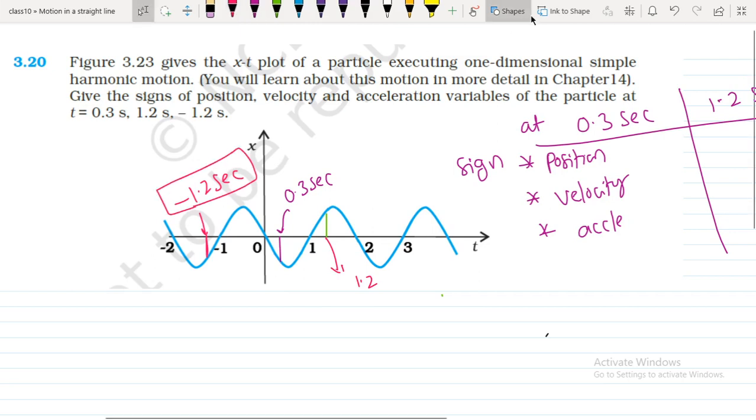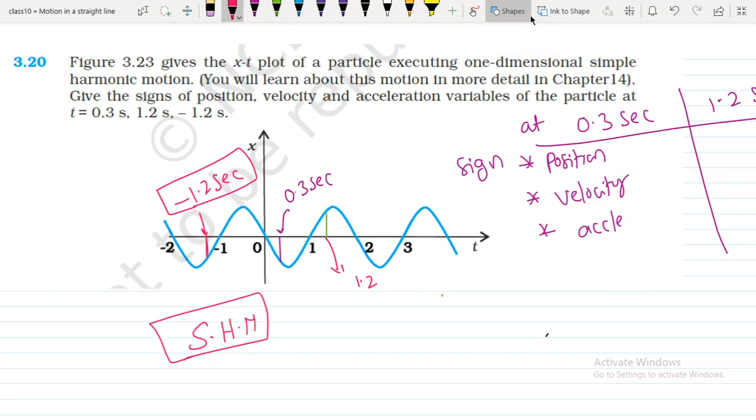The motion is not a straight line, this is simple harmonic motion. In short form we call it SHM. This is also one-dimensional motion.